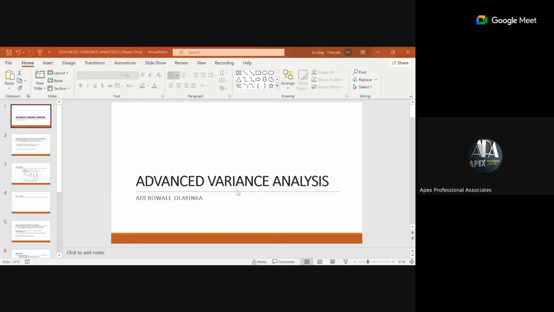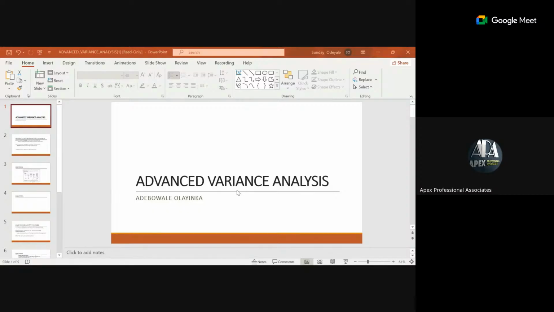That is, when you have more than one type of product, which is your output, and we are talking about your sales. If you are selling more than one good, say fish roll, pop, buns, since it is more than one, when you get to your sales variance, you are expected to use the advanced variance analysis.